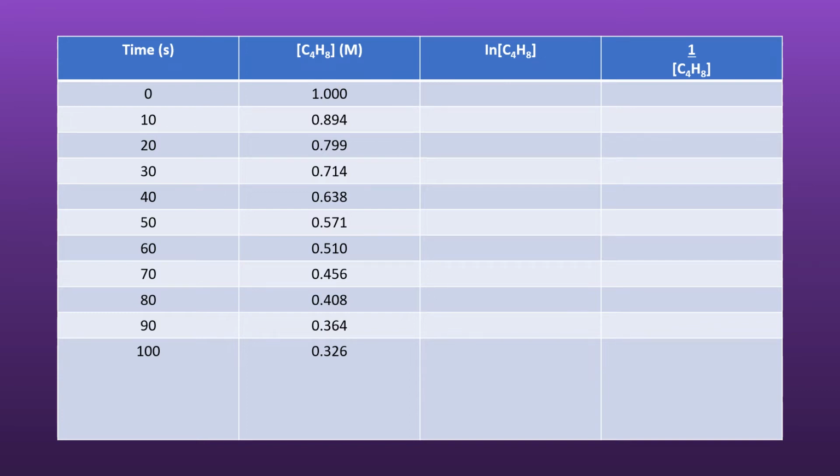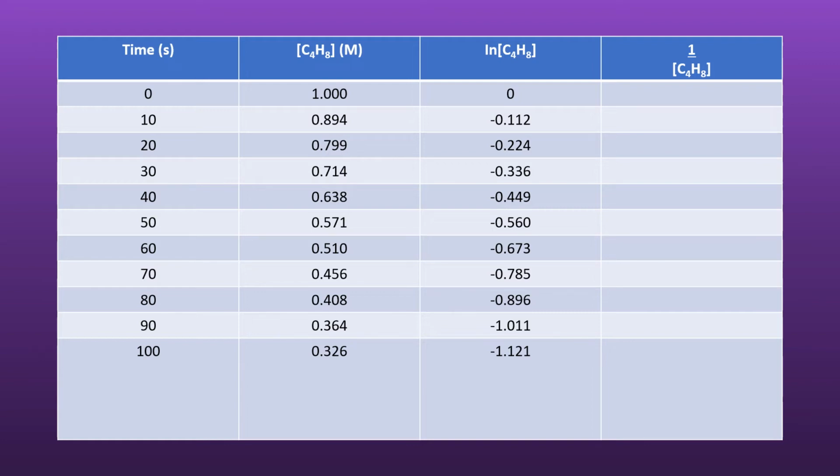So if we're not sure what our rate law is by looking at the experimental data, then what we should do is figure out, we already said that the zero order is basically just our concentration versus time. For our first order rate laws, it is the natural log of our concentration.